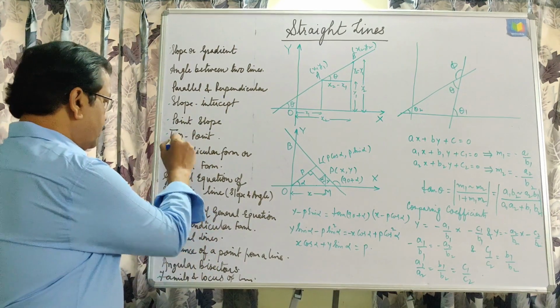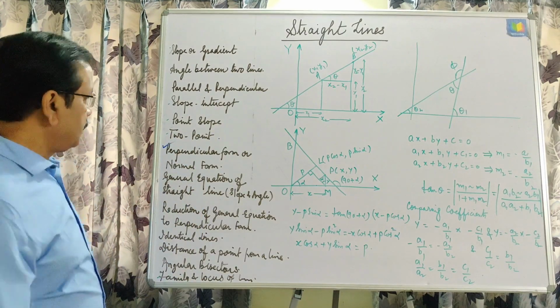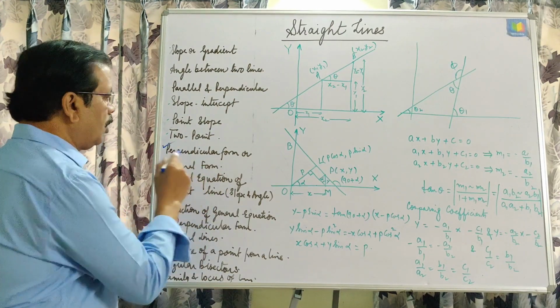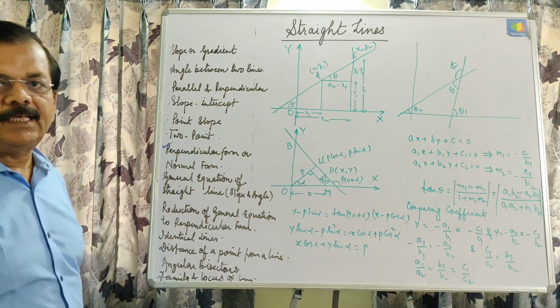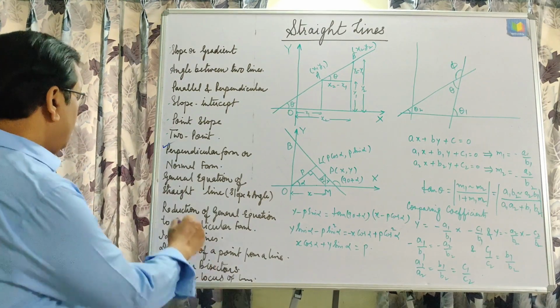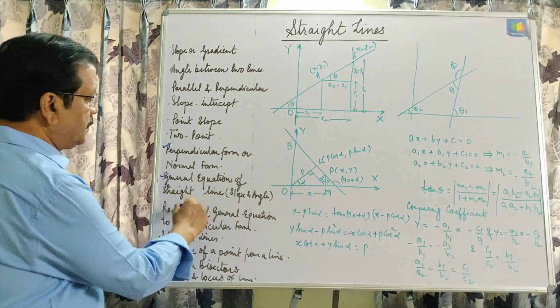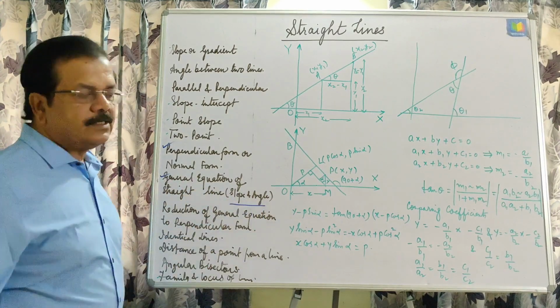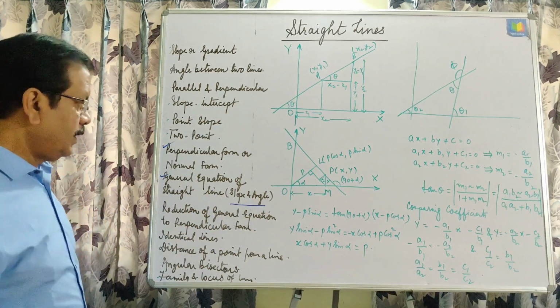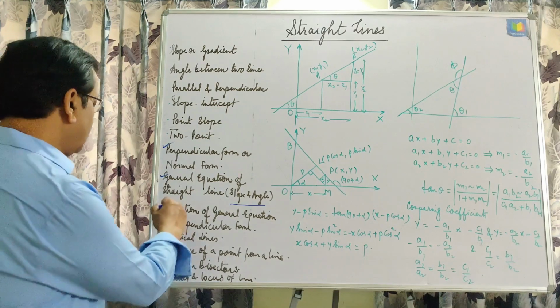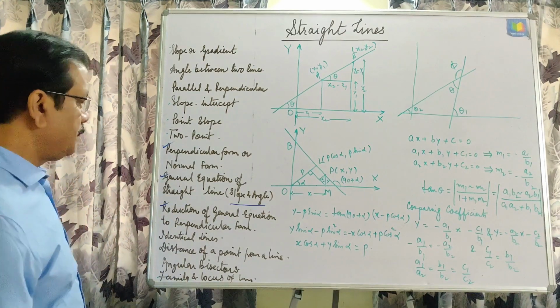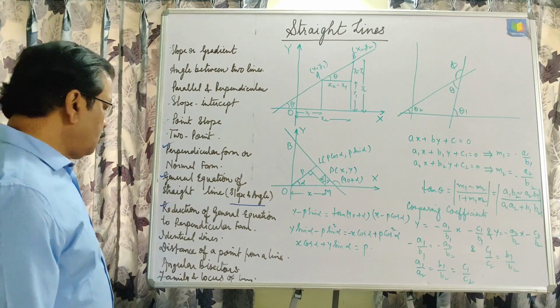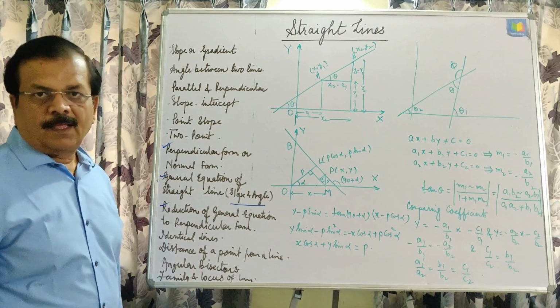Now your syllabus actually starts from the perpendicular form or normal form of writing any straight line. Next, the general equation of a straight line and finding slope and angle of these straight lines. Third, reduction of the general equation to perpendicular form.